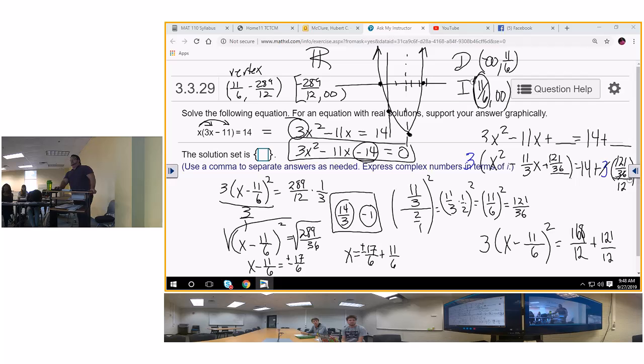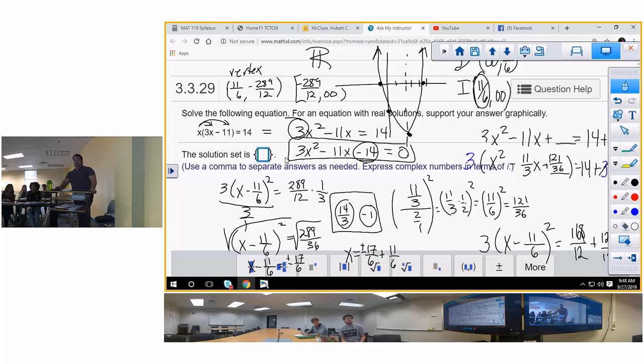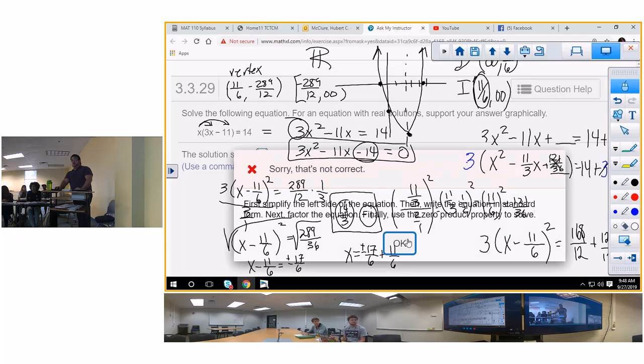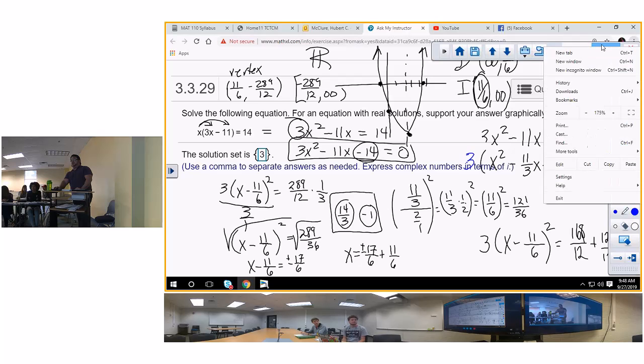Okay? And you feel good about yourself. So let's go ahead and see what it says. I have 14/3 and -1. I'm just going to type in 3 because I'm not going to type it in right. They're going to want everything standing upside down on your head and all this, and I'm not going to do all that.